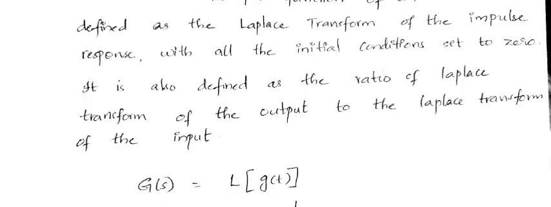So let g of s be the transfer function. So g of s is equal to L of g of t, where g of t is the impulse response. So g of s is equal to Laplace transform of the impulse response.